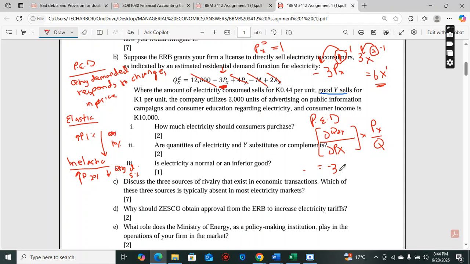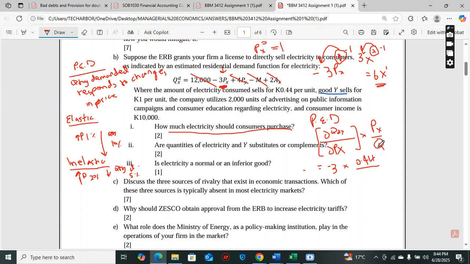Any questions? Then we already have the price of good x, 0.44. We already have the quantity. Remember the question where it said how much electricity should consumers purchase?